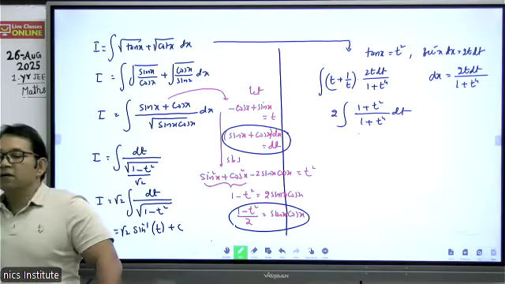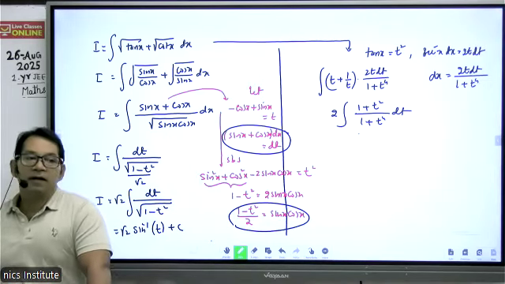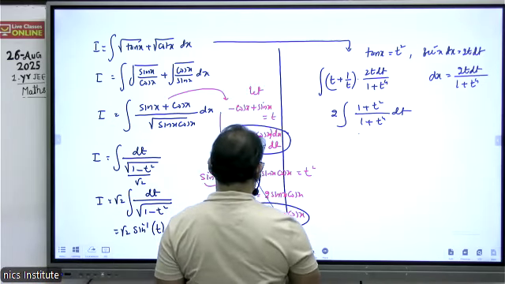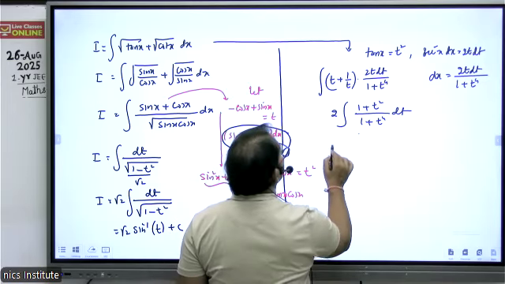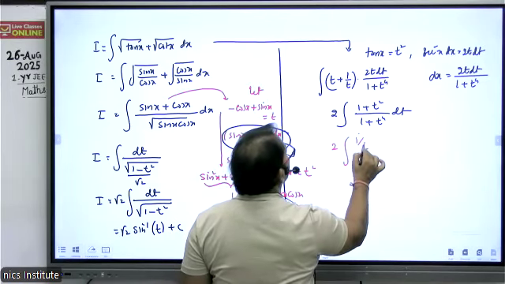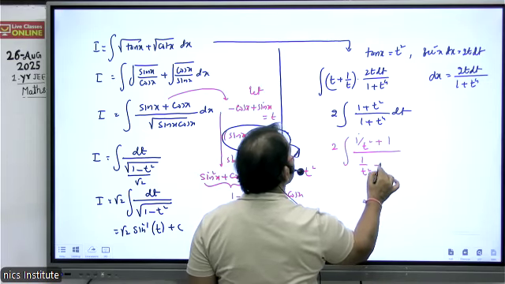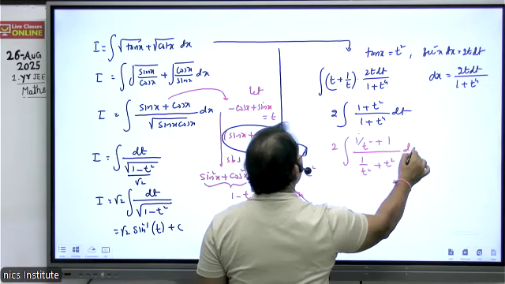So how to answer this now? Divide numerator and denominator by t square. So 1 by t square plus 1 over 1 by t square plus t square. And this you have already done.